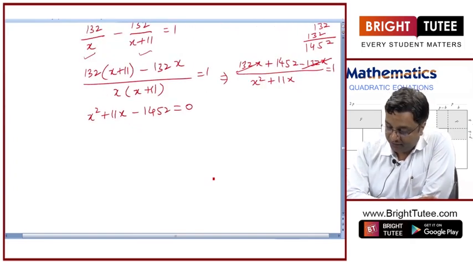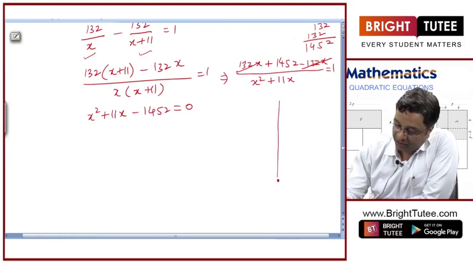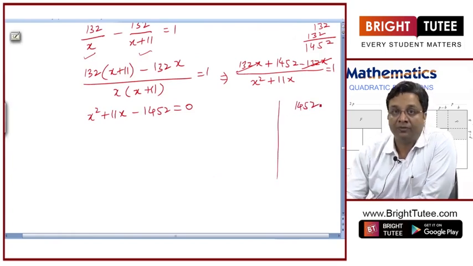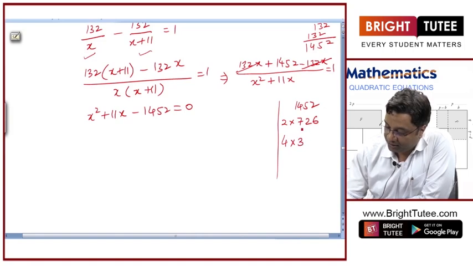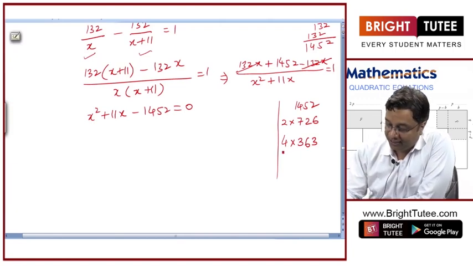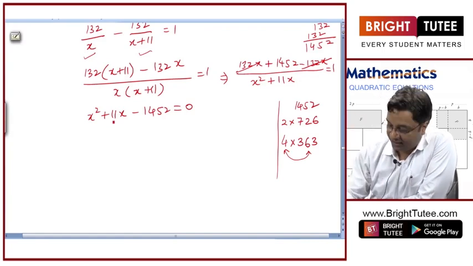Okay, so let's factorize it. Let's look at 1452 and factorize this first. 2 into 726, or 4 into 363, right? I am trying to bring it into a product of two factors such that their difference will become 11, right?